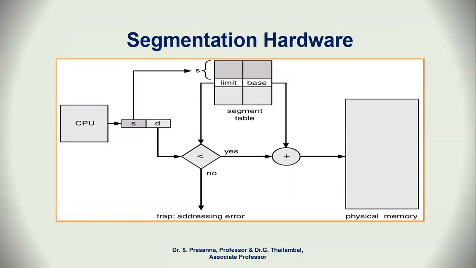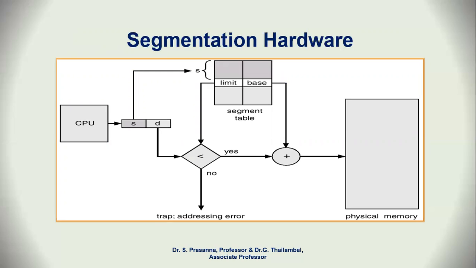So segmentation hardware: here the CPU is given the segment number S and the offset, that is the inside line which the user wants to access in that particular segment, that is D. In the segment table, you have a limit and a base register.